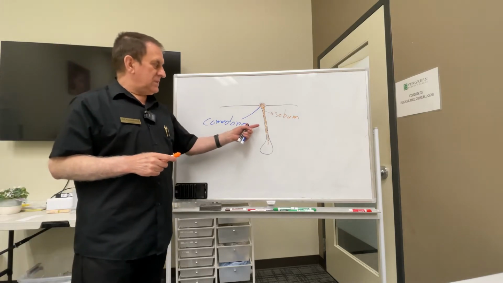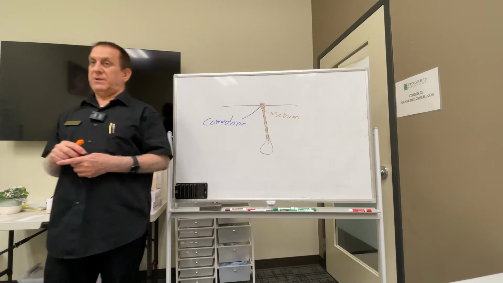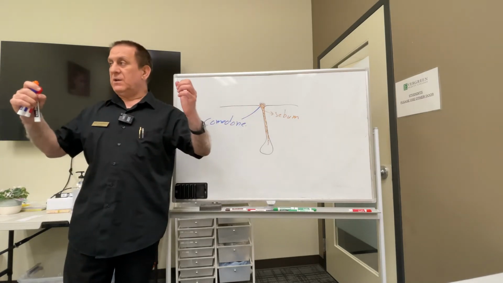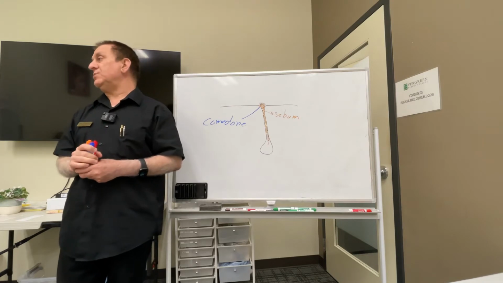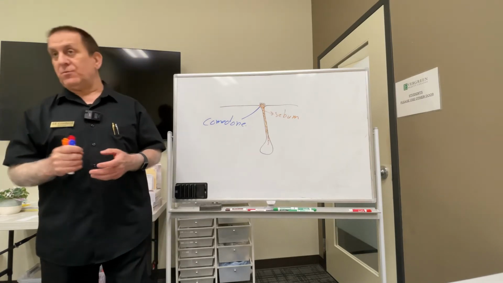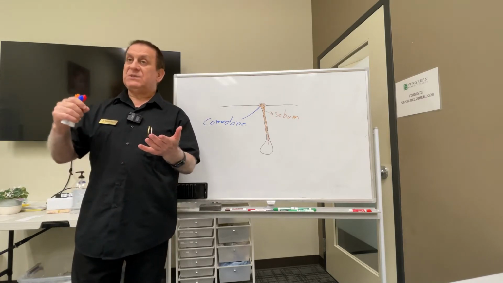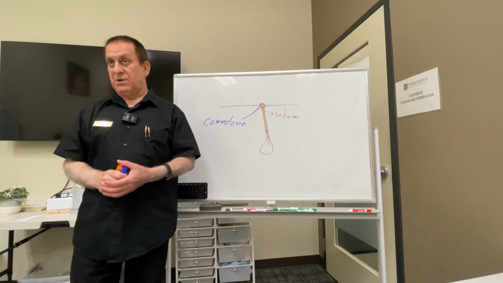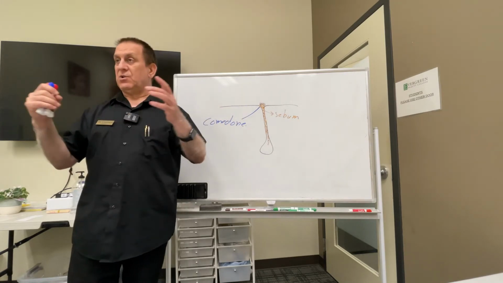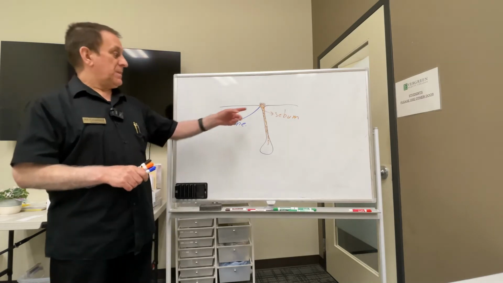The problem with this comedone, when you want to extract it, ladies, is that it is very thick, very condensed, and not easy to extract. When you want to extract the comedones of clients, you traumatize the skin because the comedones are deep, compacted, congested, and not easy to soften.